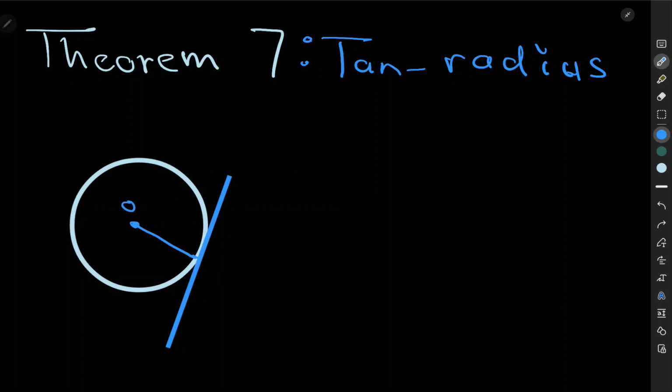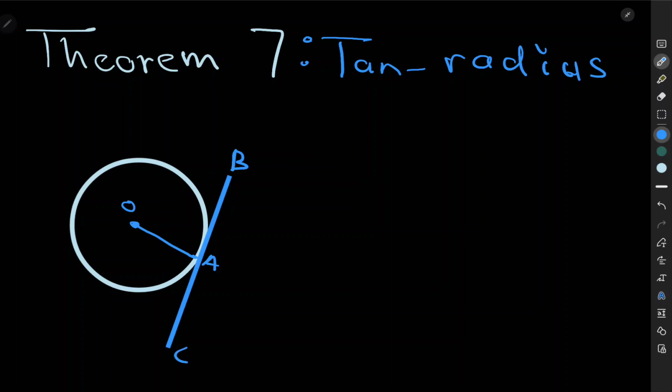What this theorem implies is that the tangent to a circle is perpendicular to the radius at the point of tangency, or the point of contact. If we have a radius, let me call this point A, so OA is a radius, and we have a tangent, let's call it BC.